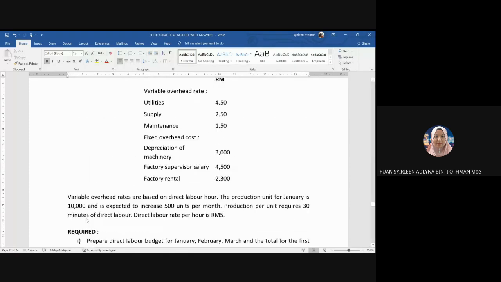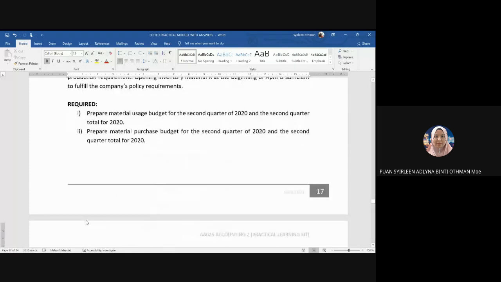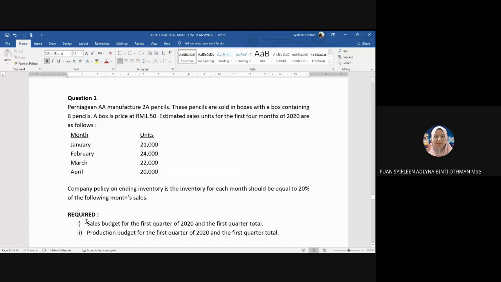Okay. For today, your homework is question 1 and question 2. Okay. You are supposed to do it manually. Okay, saya tak mau Excel lagi. Saya nak you do it manually. That means lukis kotak, isi figures tu, cari dari mana you dapat the figures.